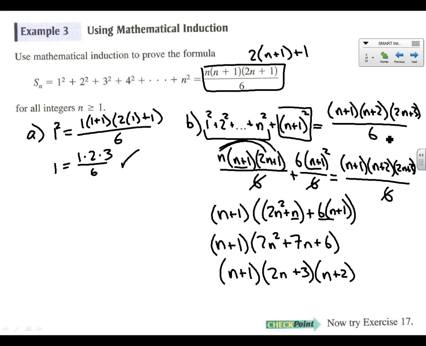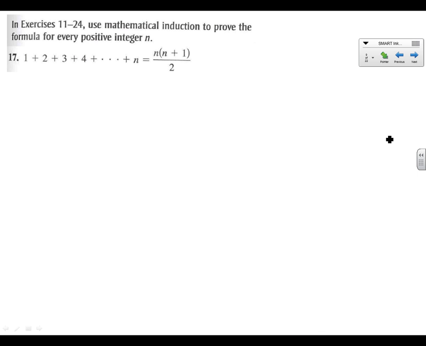And look what we've got. n plus 1, n plus 2, 2n plus 3. Our job here is done. We've proved the left side equal to the right side. Your turn. See if you can prove 17 is true.